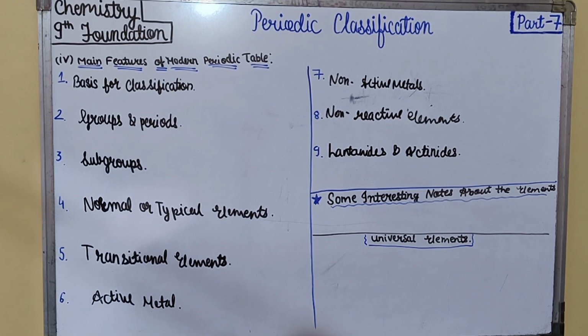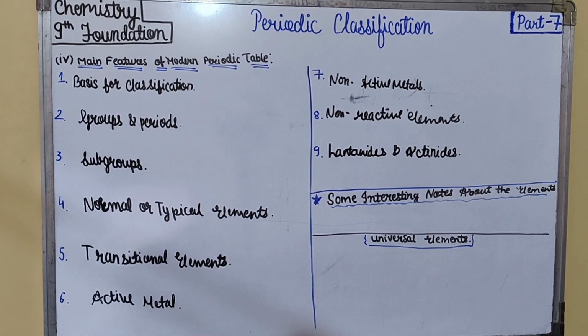Hence, these are also called inner transitional elements. Similarly, actinides include elements from thorium 90 to lawrencium 103. These constitute the second inner transition elements.